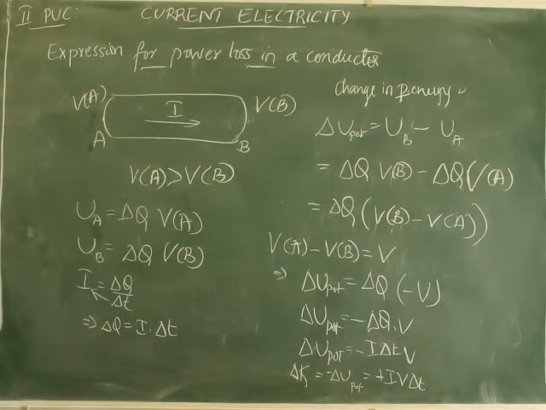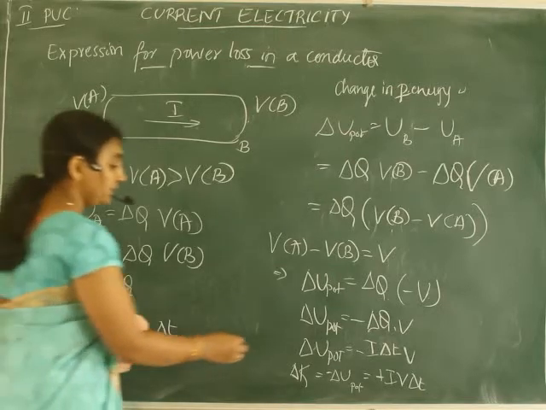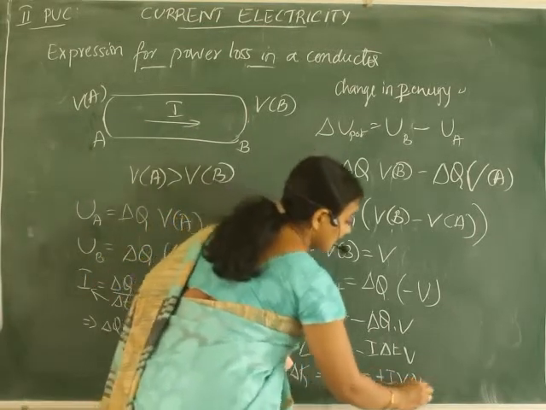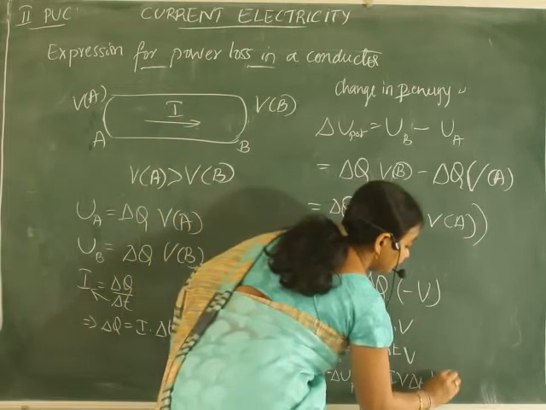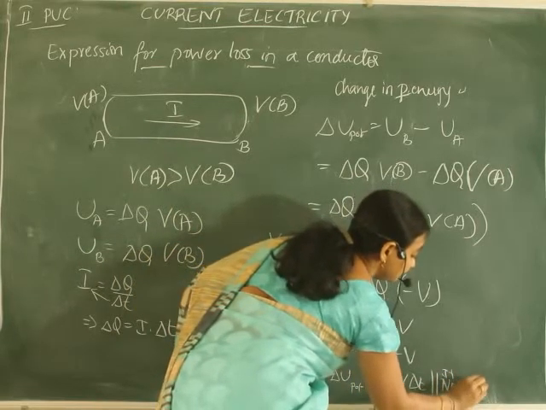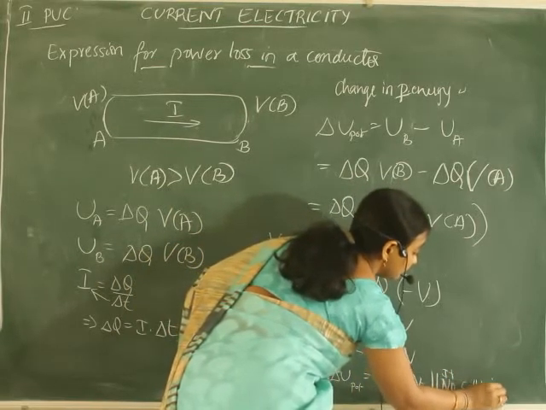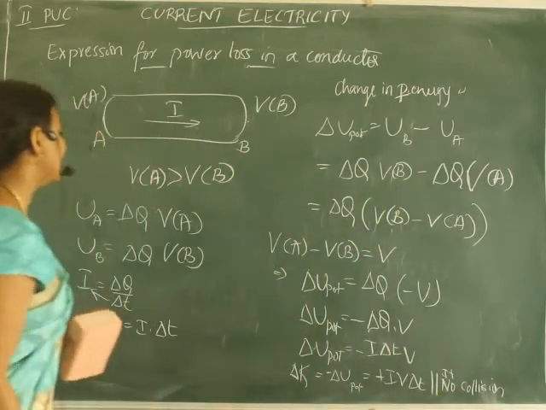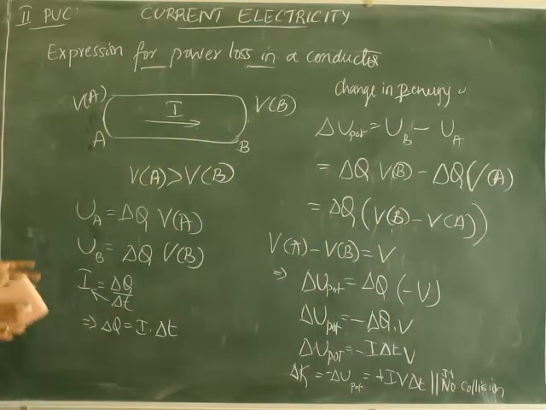Correct? Next. But in reality, when there is an electric field, the charges undergo collision. This is possible only if there is no collision. But if collision is there, then what happens?